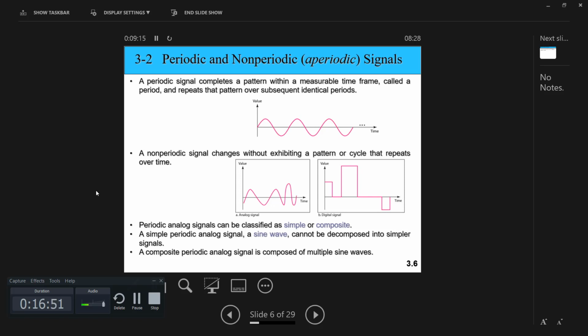A periodic analog signal can be simple or composite. It's simple like this sine wave. This is one sine wave, a simple signal. If I combine multiple sine waves, a sine wave like this, a sine wave like this, and a sine wave with a different frequency like this, and add these three signals to each other, I may have a signal like this.